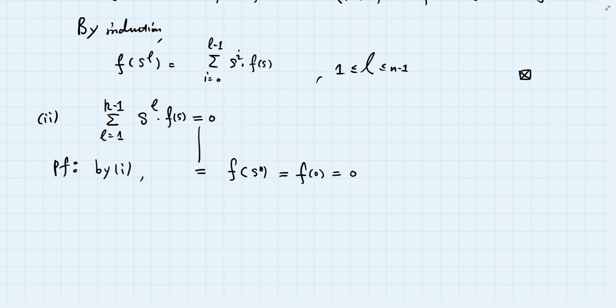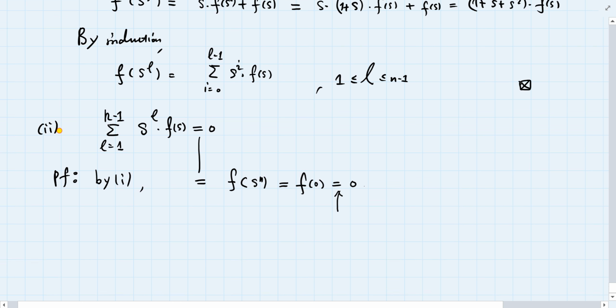But be careful. Why do you have f0 equals 0? Are you sure? Since, as we said, it's just a function satisfying a certain rule. You're feeling it should be 0, maybe it's not. So you have to check it.